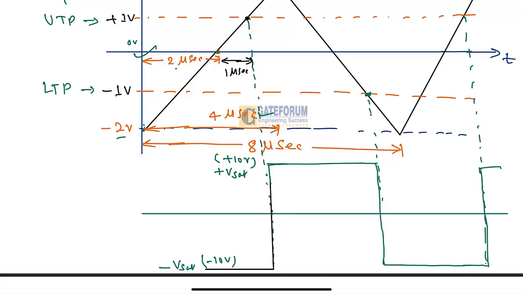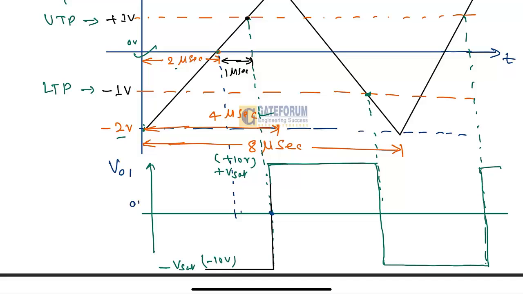So now if we compare when the output is produced: the first waveform is the input waveform, and the corresponding output is VO1. If we compare with respect to the input, this is the time when the input crosses its zero line, and this is the time at which VO1 crosses its zero line.